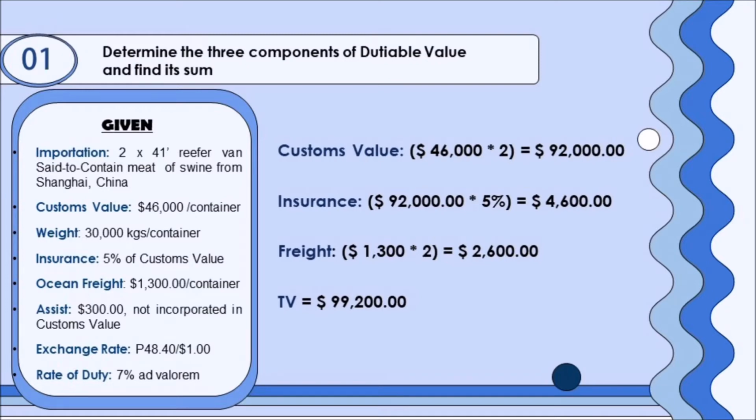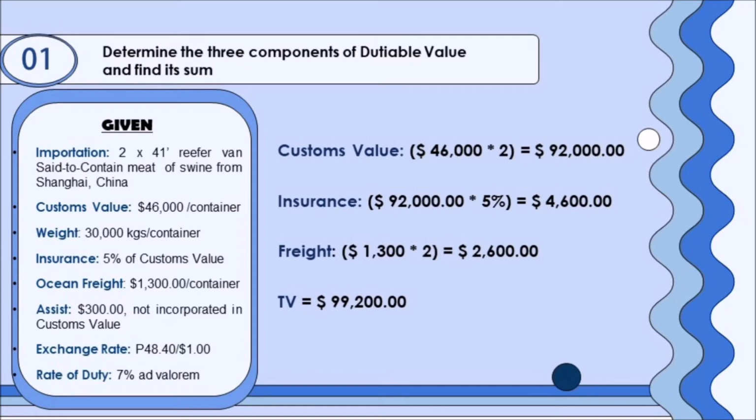And since we have 2 containers, we would multiply it to 2 and we'll get $2,600. And after we have determined the 3 components of dutiable value, we will just simply add those values. So the sum or the transaction value is $99,200.